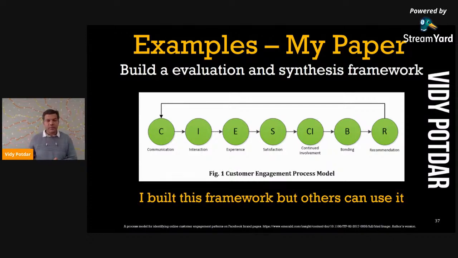Five years from now, if somebody wants to do a systematic review on customer engagement, they can pick up my model and say that Vidy and his team had proposed this model for customer engagement. I want to see what is the literature out there now along all these dimensions. And they could come up with a systematic review paper which summarizes and criticizes literature for each of these elements.